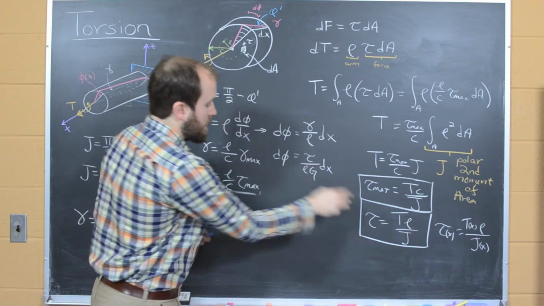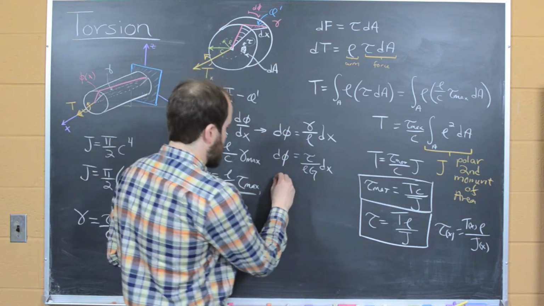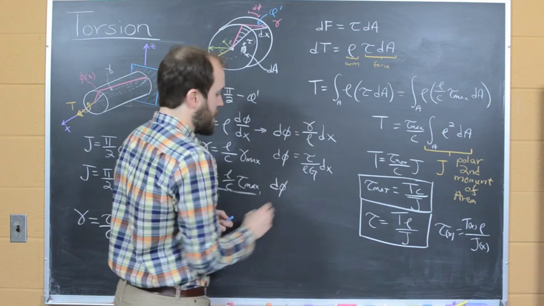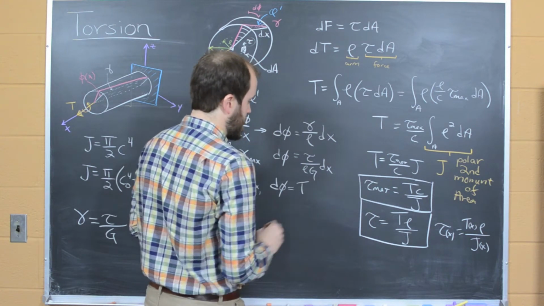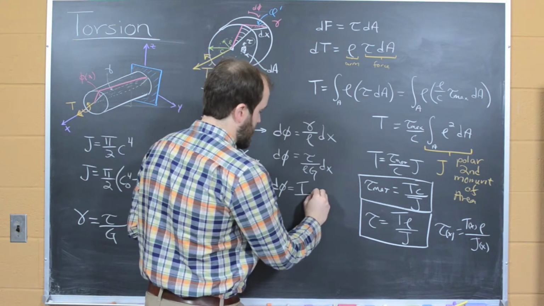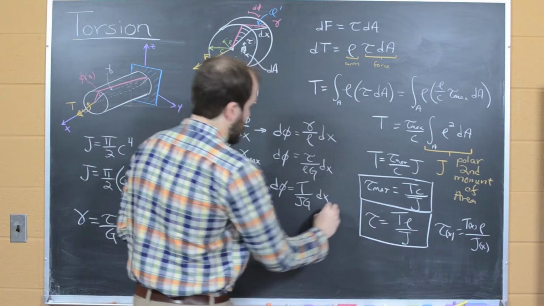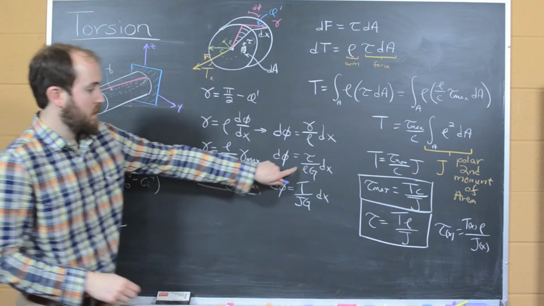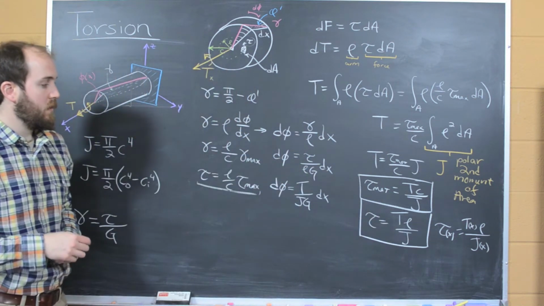And we can use our formula for tau such that d phi is equal to T over J G dx. Notice we've canceled out the rho's from the definition of tau and our angle of twist.